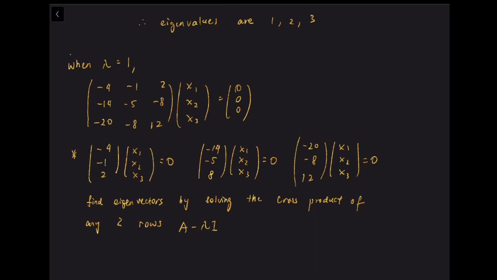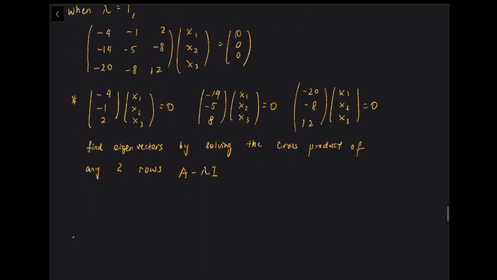In this particular case, no two rows of A minus lambda I, where lambda equals 1, are parallel. Thus, we can find the eigenvector of A corresponding to the eigenvalue of 1 by finding the cross product of any two of the rows of A minus lambda I, where lambda equals 1.